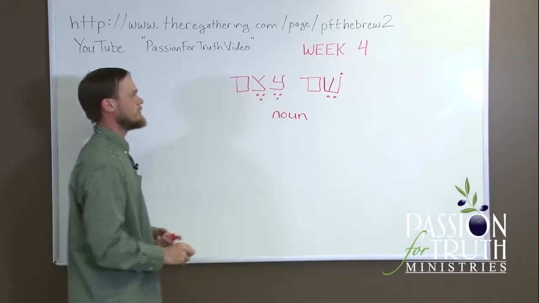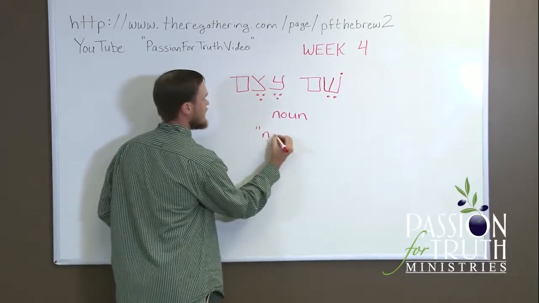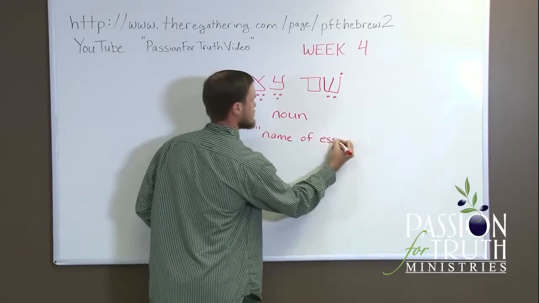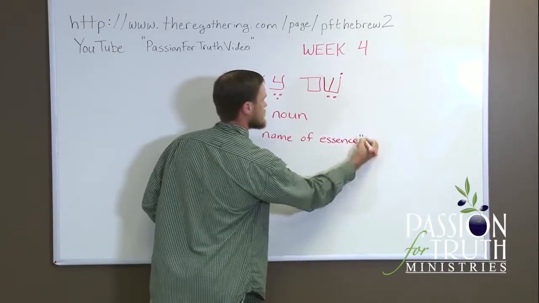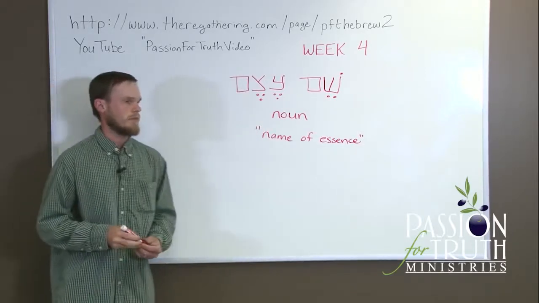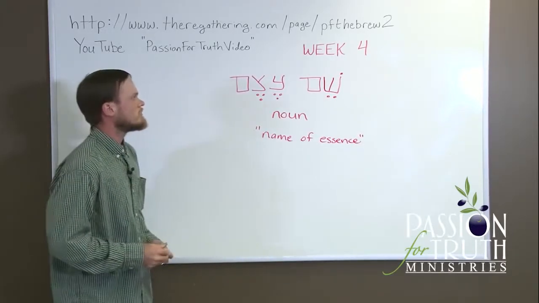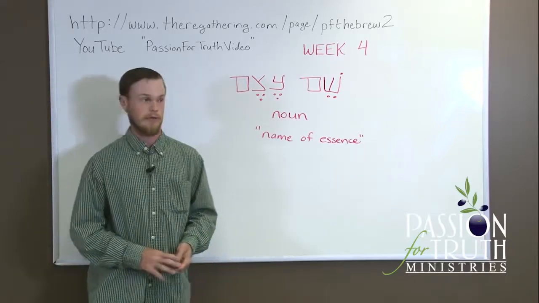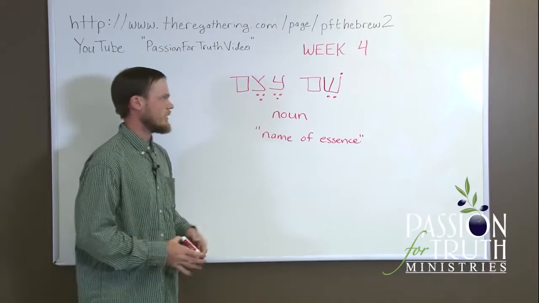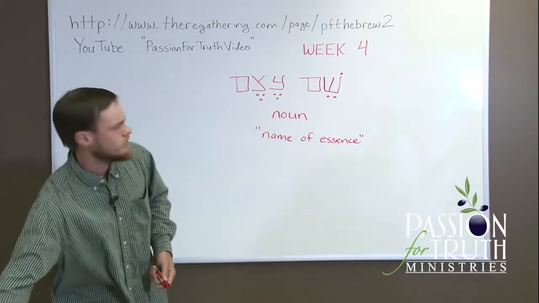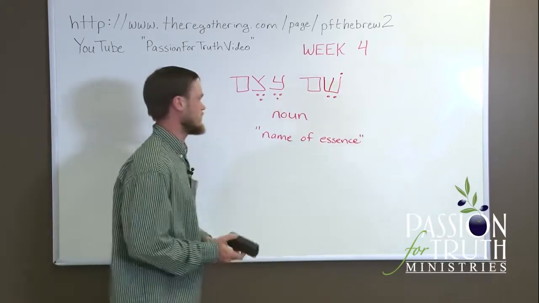Shem etzem literally means name of essence. A noun is a person, place, or thing. So a shem etzem, a noun, is kind of describing the essence of an object, the essential properties of an object.